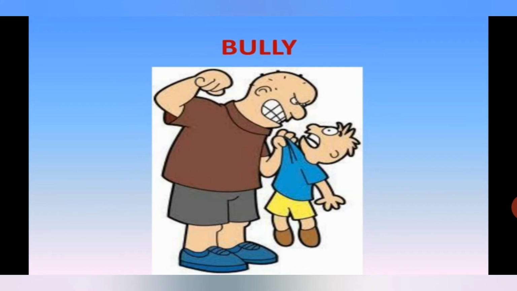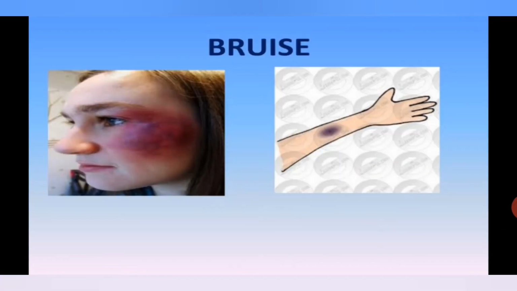As you can see in the picture, this kind of person who troubles others, especially the weaker ones, is called a bully. I will show you some more pictures related to the story. This is a bruise. Bruise means these scars, these marks.